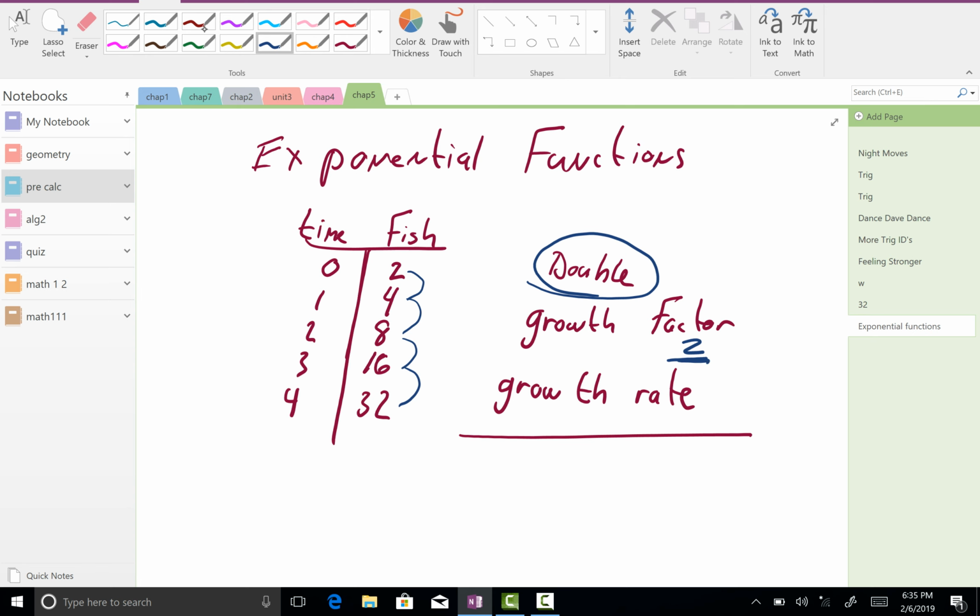To find the growth rate, here's how we would do that. We're going to take 2 populations. Let's say we take the first 2. 4, we subtract 2 to find the difference, and we're going to divide that by the previous number of fish in this case. So 4 subtract 2 would be 2. 2 divided by 2 is 1.